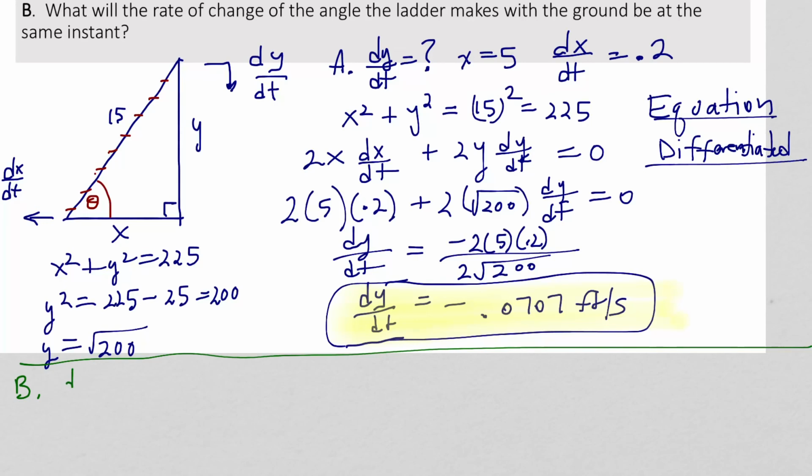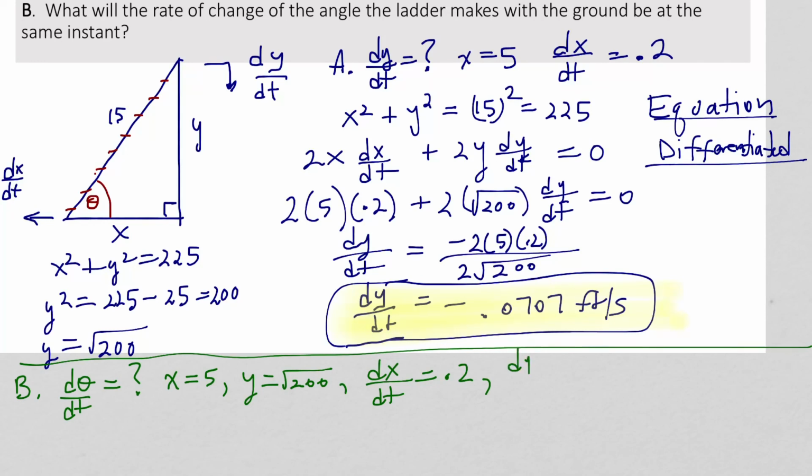So d theta dt is equal to what when x is equal to 5? And we also know that y is equal to the square root of 200. And while we're at it, we also know that dx dt is 0.2 and dy dt is the one above that we just calculated.